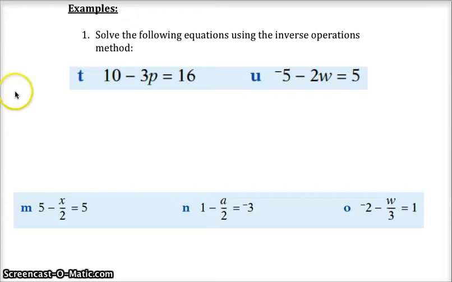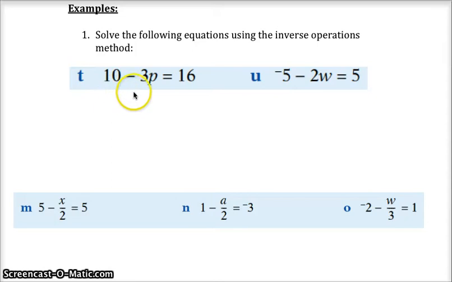If we're looking at this first example, I've got 10 take away 3p equals 16. Now we always want to get a positive value of p, otherwise we get more work. There are lots of different ways you can solve this equation.